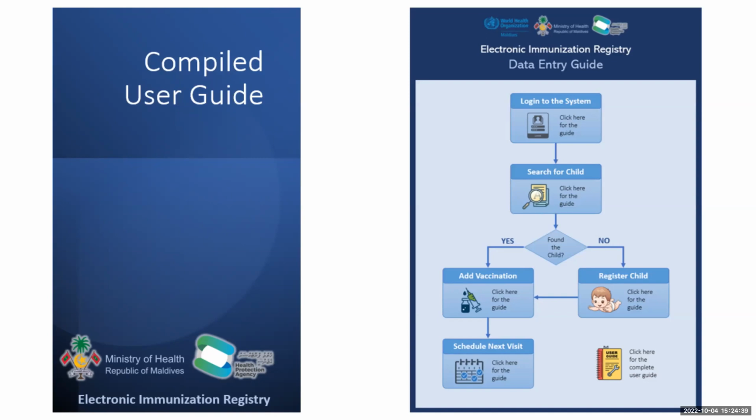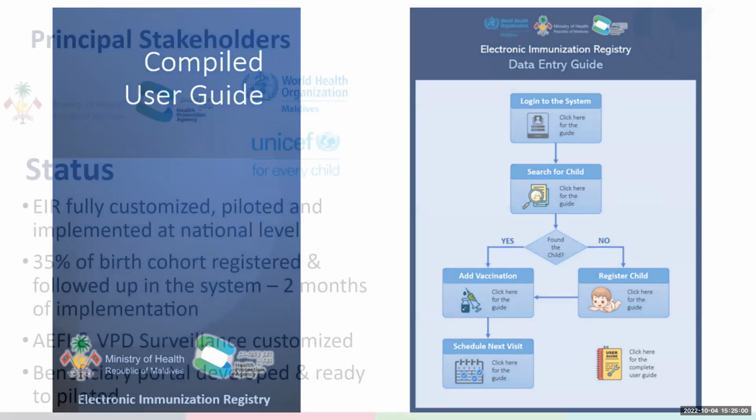For example, what you're seeing here is a single page user guide. We don't use 50-page user manuals in our implementation. Again, a learning from our experience during COVID: people really like visually rich, simple user guides. This is one of the single page guides that we developed during the implementation.